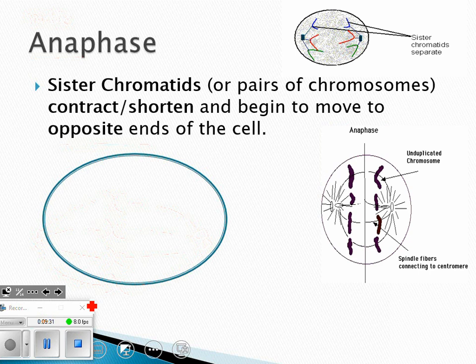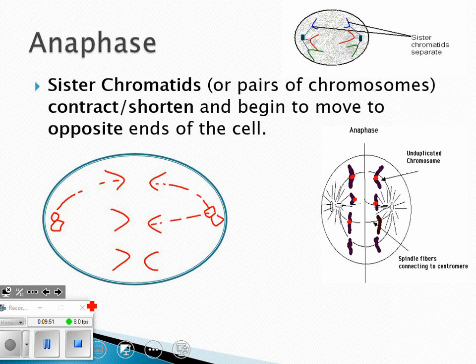Then these spindle fibers will start to attach to what's called the centromere of these chromosomes, and it'll pull those sister chromatids apart. And they were photocopies. So those sister chromatids were just the photocopies, so it'll start to pull those photocopies apart.